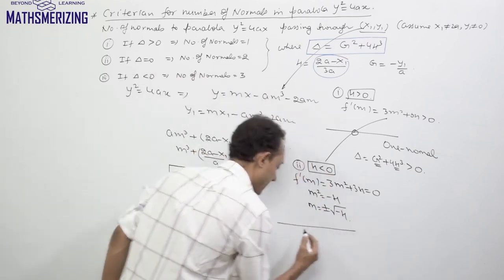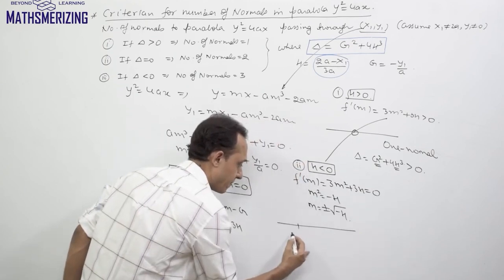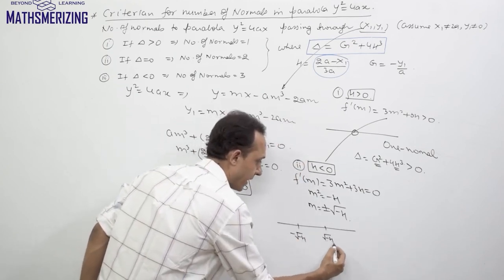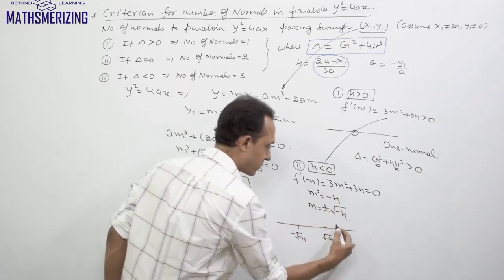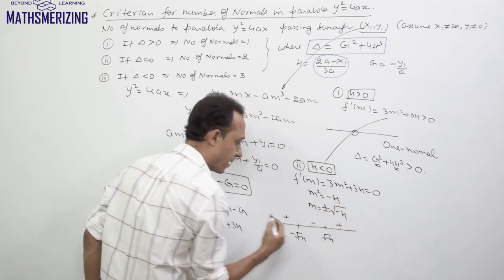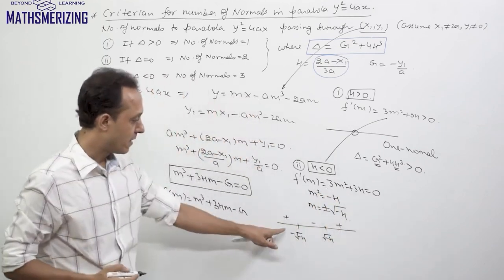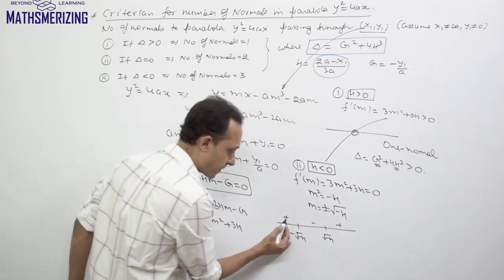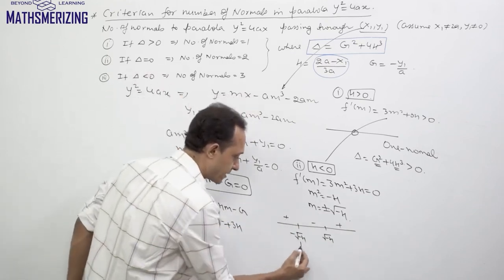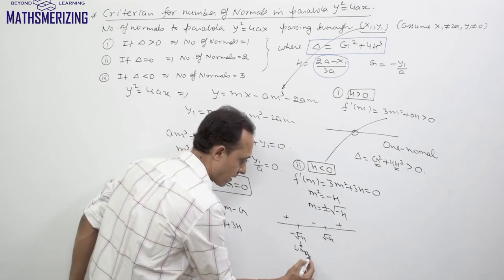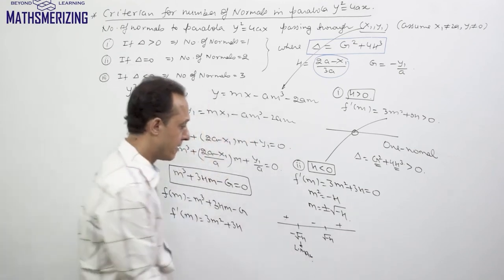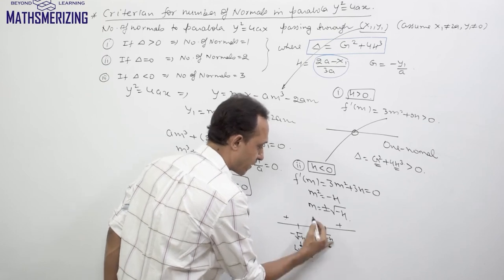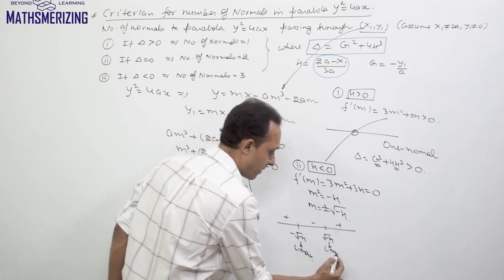So if I plot, I'll get minus under root of minus h and plus under root of minus h. Now what is the sign of the rightmost? So it is plus, minus and plus. Now at minus under root of minus h, the sign changes from plus to minus. So that means it is a point of local maxima, and at plus under root of minus h, the sign changes from minus to plus, it is a point of local minima.